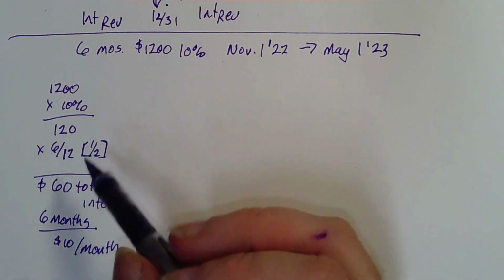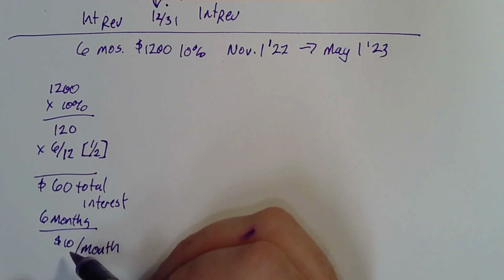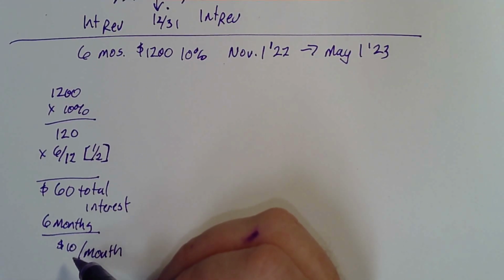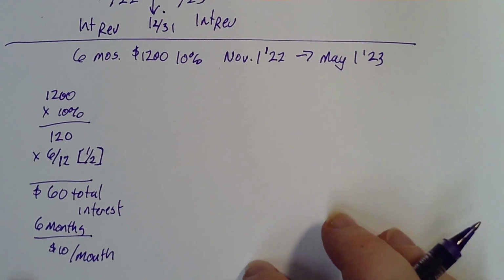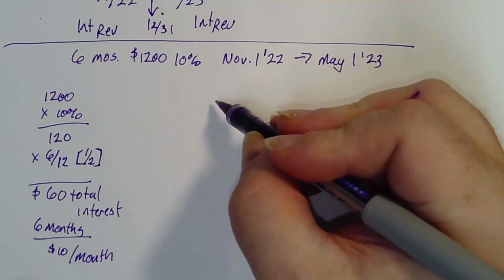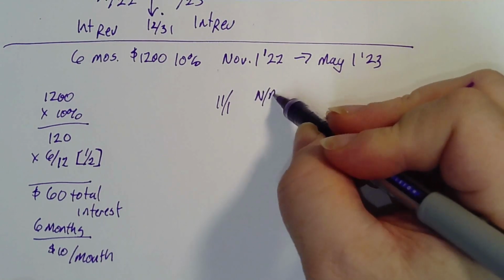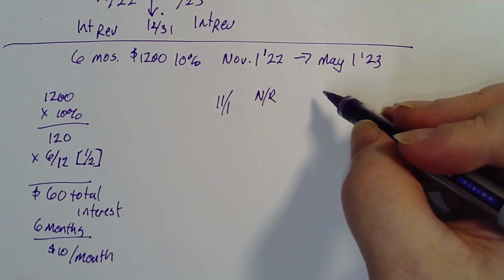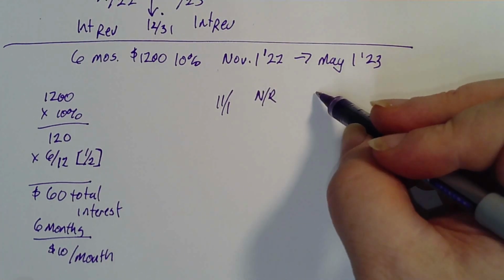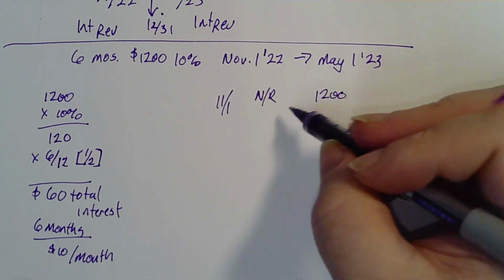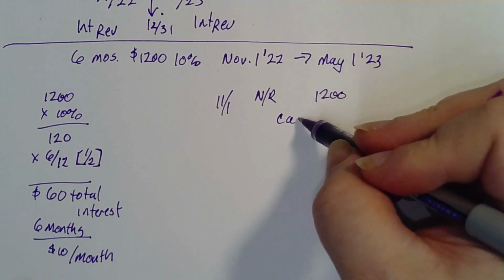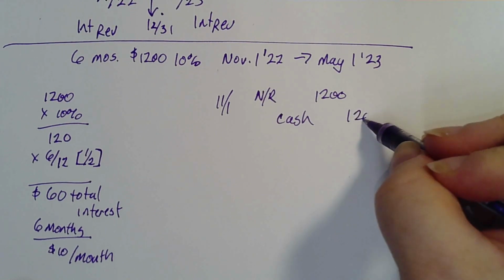So it's going to be 6 months, and the amount of interest that we earn each month is $10. So let's take a look. When we issue the note, when we actually loan the money, we have a notes receivable of $1,200. We give the cash of $1,200.